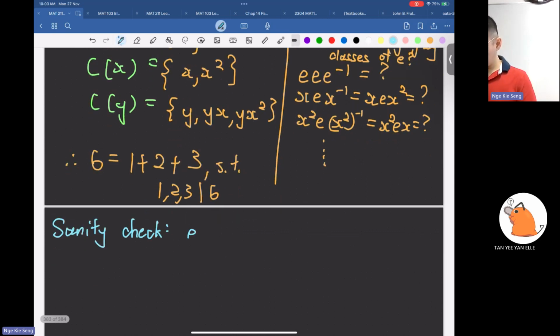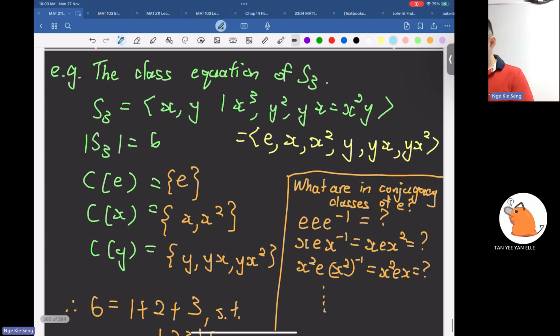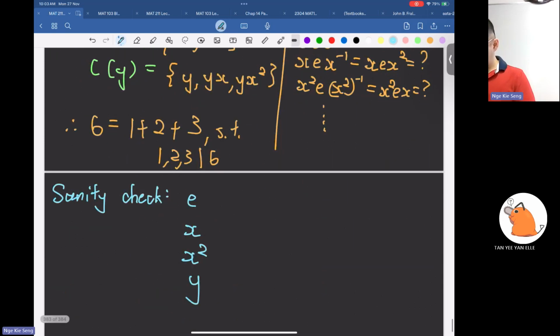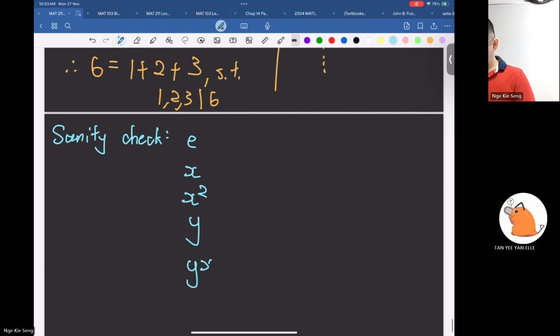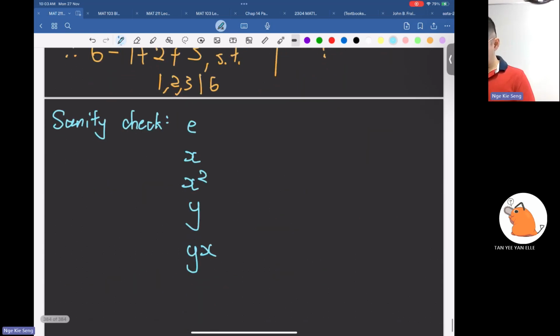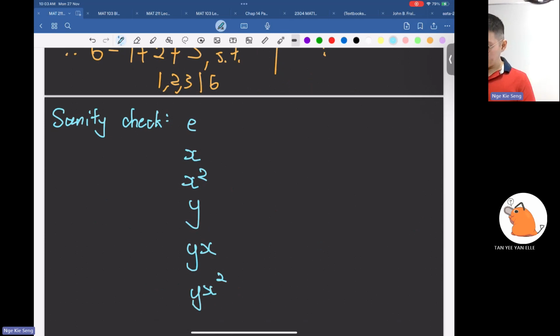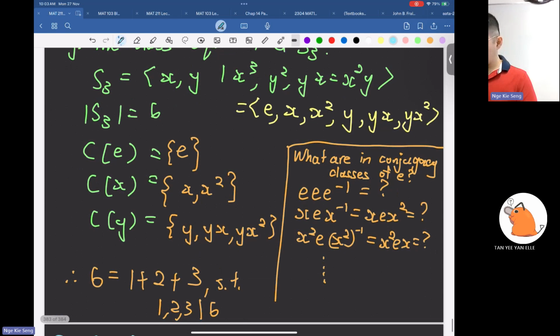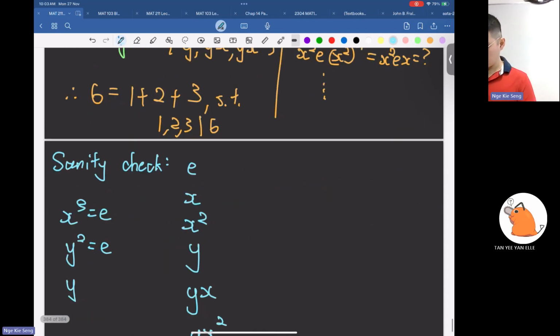So we have the identity, X, X squared, Y, then XY, XY, and YX squared. We know X cubed is the identity, Y squared is the identity, and YX equals X squared Y.